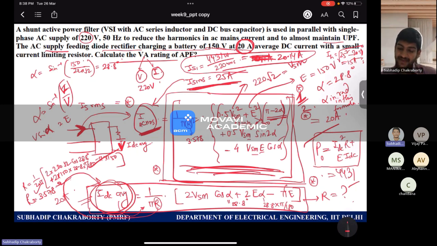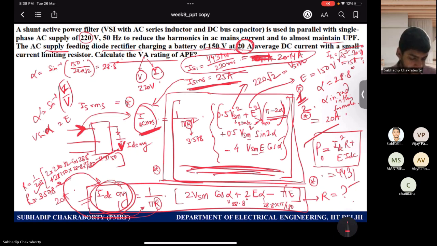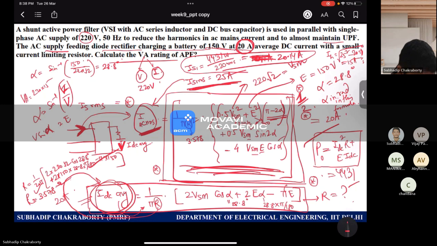So calculate what is the current volt ampere rating. It is 15 times 220, okay? So VA rating is 220 times 15. Just let me check the answer, if it is correct or not.